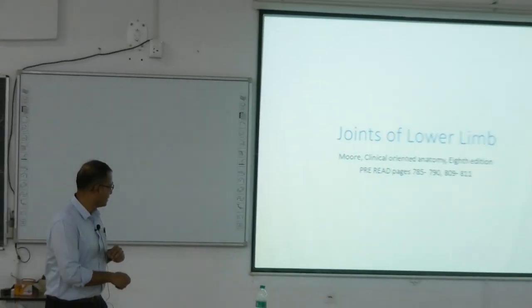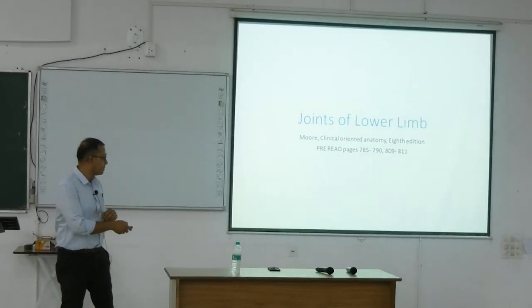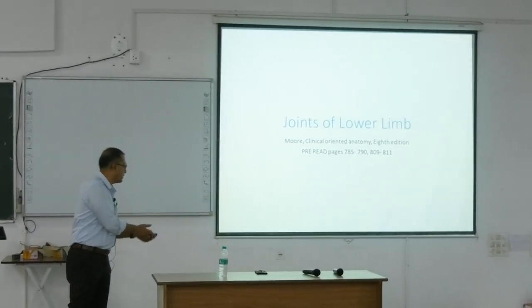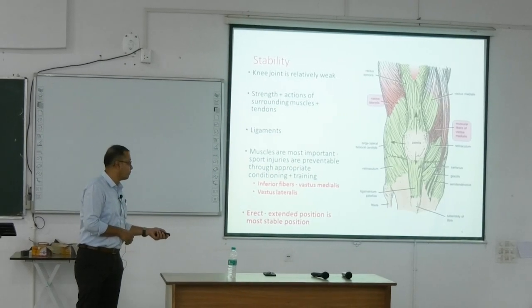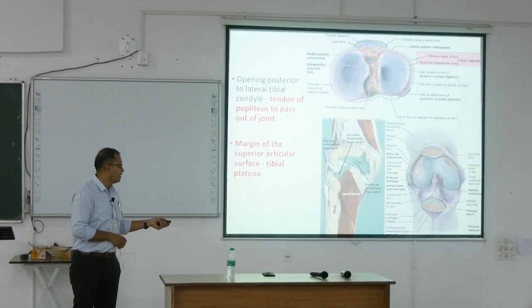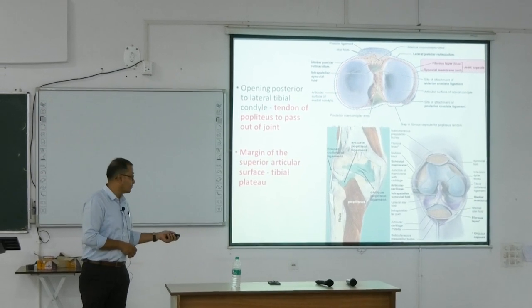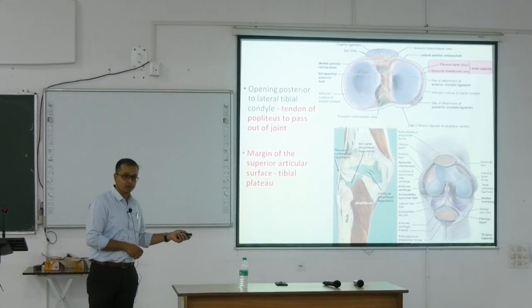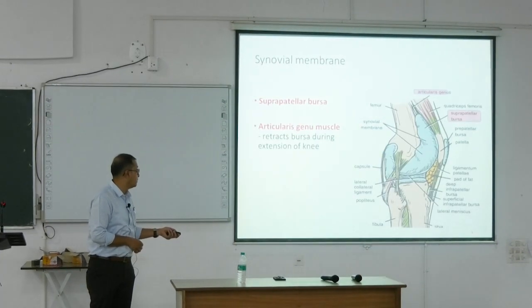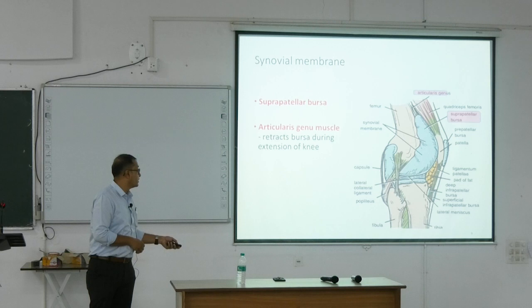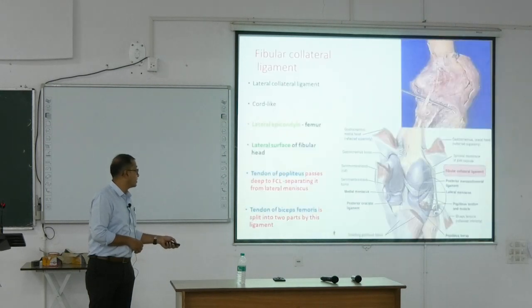This is largely an important joint which we have started talking about, the knee joint, which has clinical importance. We learned about the joint components and the different stabilizing factors of this joint, like the capsule and the synovial membrane, and the different types of ligaments present, which we call intracapsular and extracapsular ligaments.